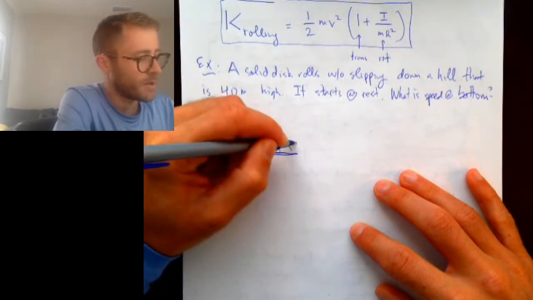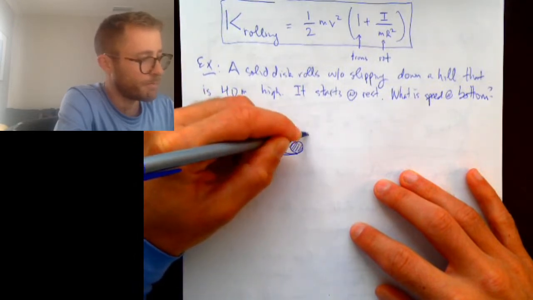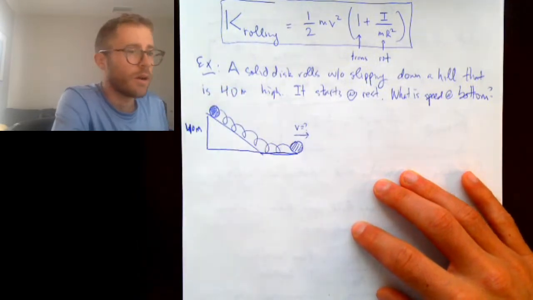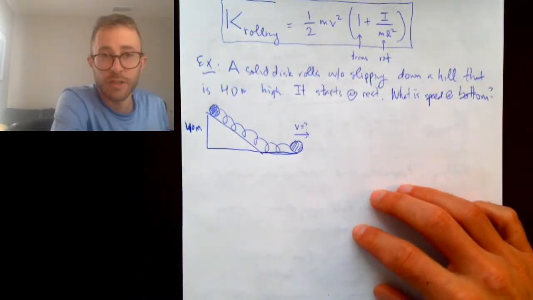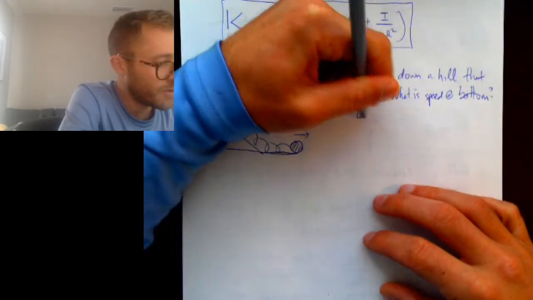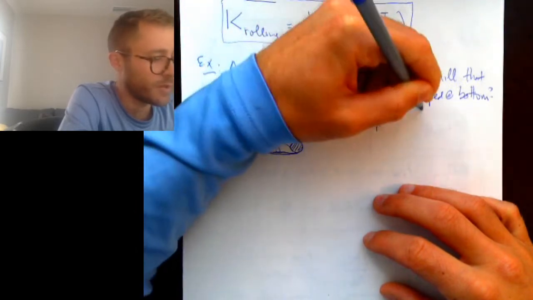And we want to know how fast it is going once it gets to the bottom. So this is a conservation of energy problem. The energy at the top of the hill has to be equal to the energy at the bottom of the hill.